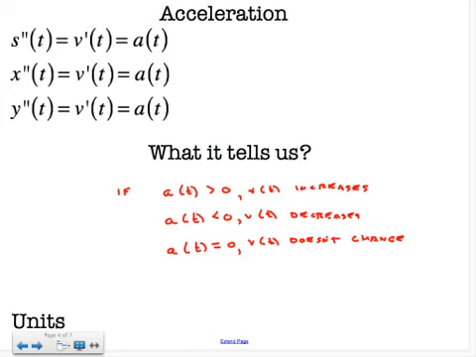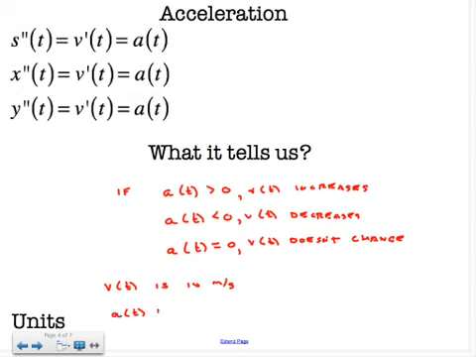Okay, you might think of this, acceleration equal to 0, as when your car is in cruise control on the highway. Your velocity is not changing, so you have no acceleration. Okay, what about units? Let's say my velocity on the previous slide was measured in meters per second. Acceleration is the derivative of velocity, so I'd be doing meters per second over seconds.